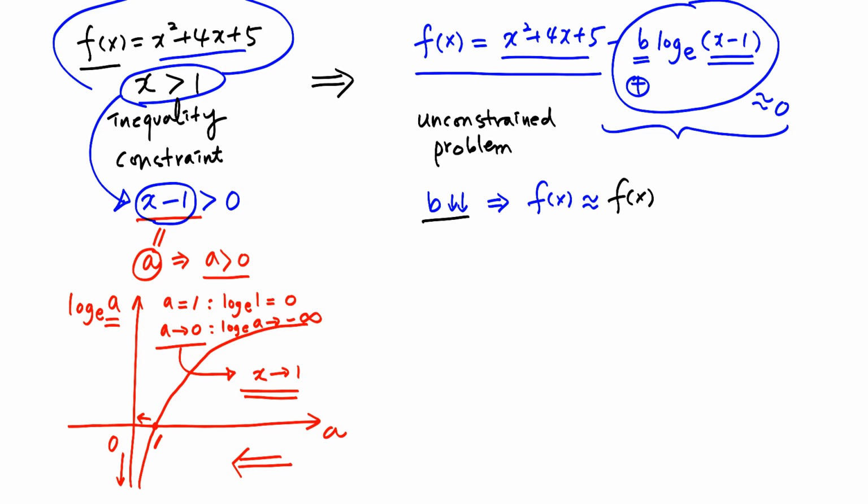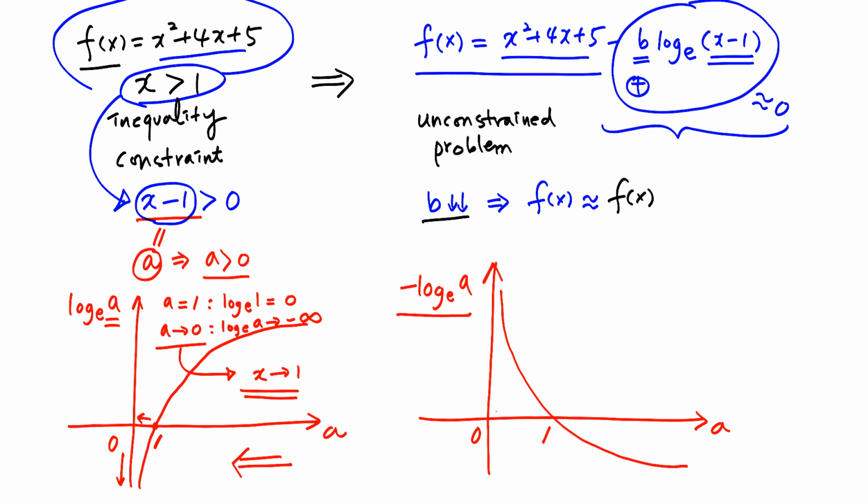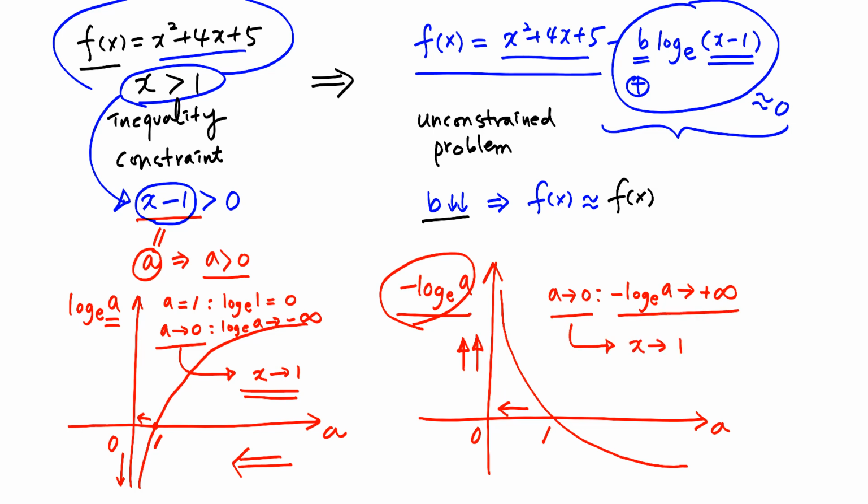And another thing that I want to show you is this: negative log base e of a. This function will be an upside down function. But as a approaches 0, this time negative log base e of a approaches positive infinity. So again, this means that as x approaches 1 from the right side, negative log base e of a approaches positive infinity. Now, this is a, and this term here with the negative sign is same as this one here.